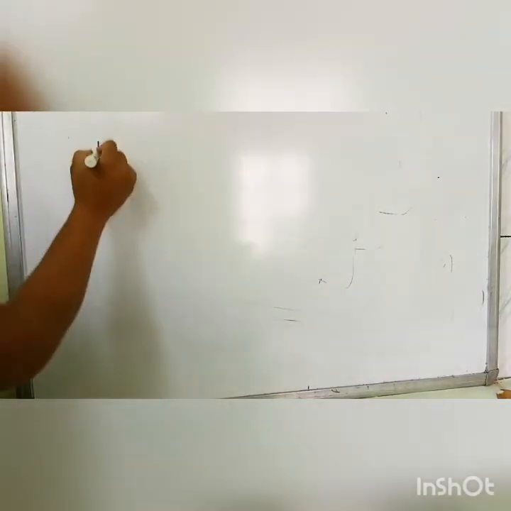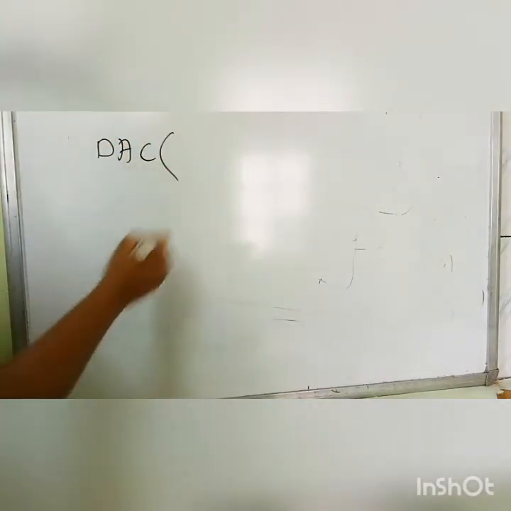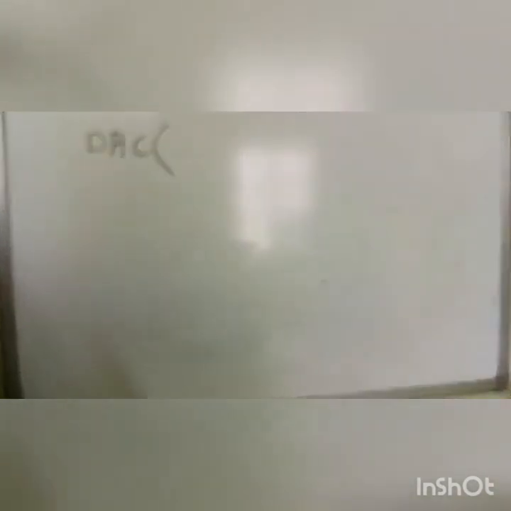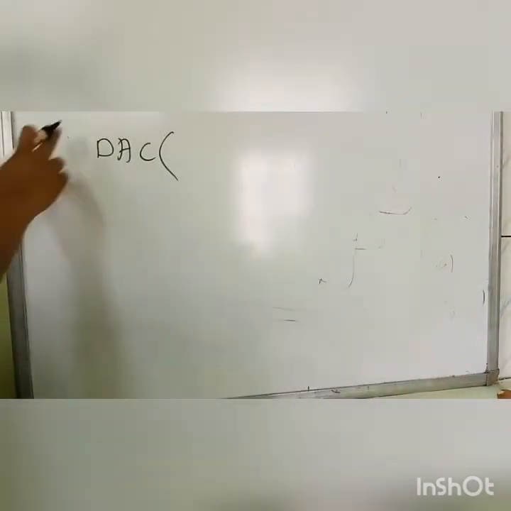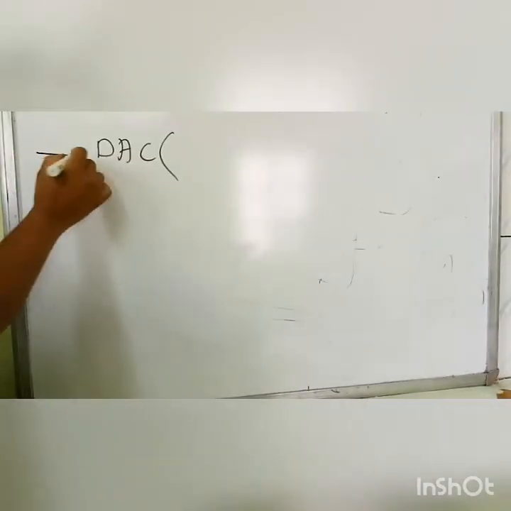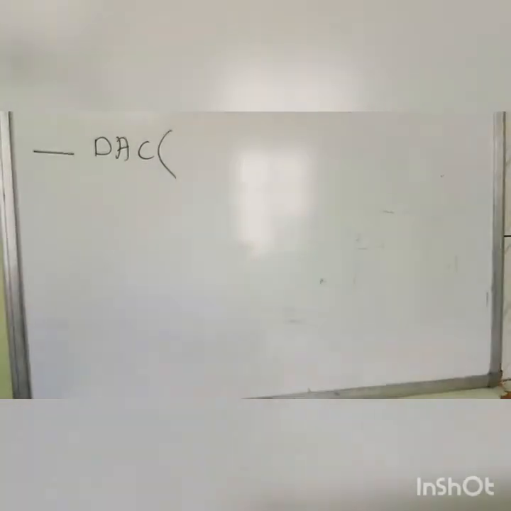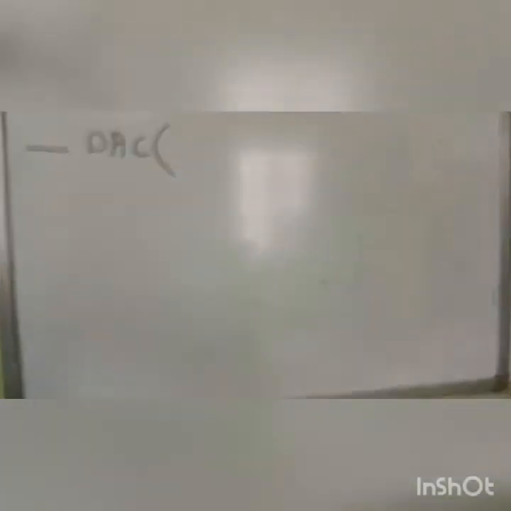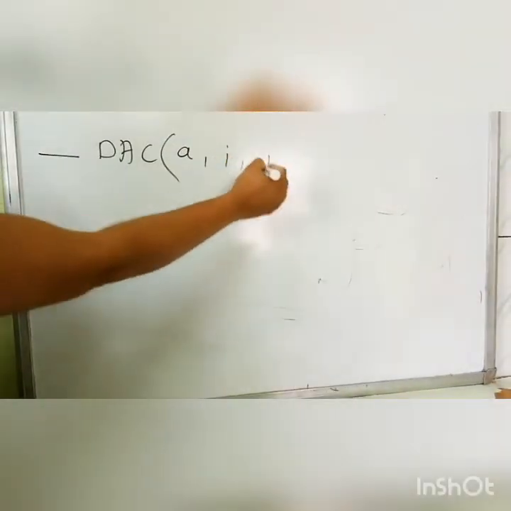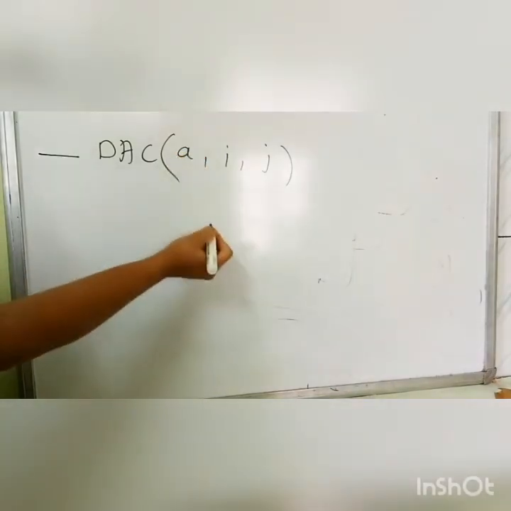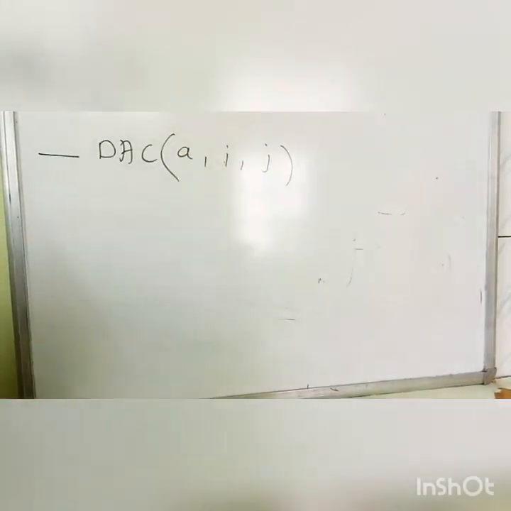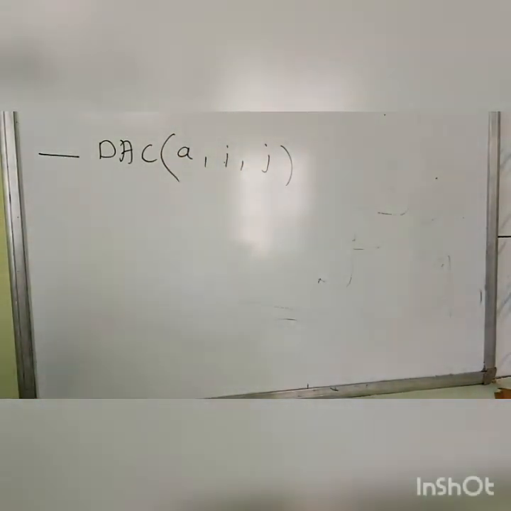For that, we will take one function like DAC, meaning divide and conquer technique. We are not providing the return type here because it is only a prototype, not a detailed explanation. So it has only the function name. Then A, I, J, where A is the array, I is the first index, and J is the last index.